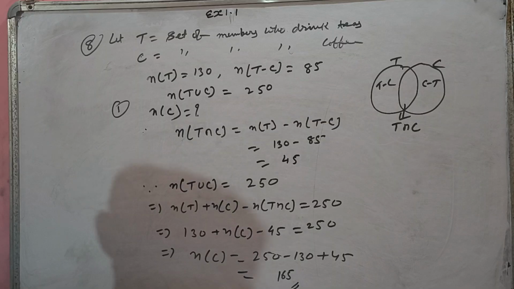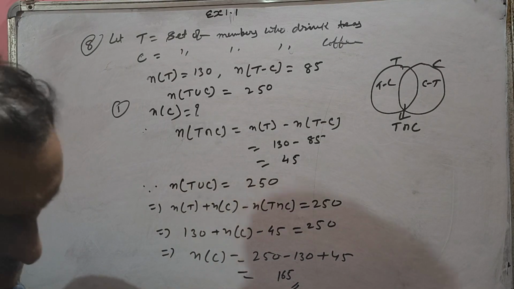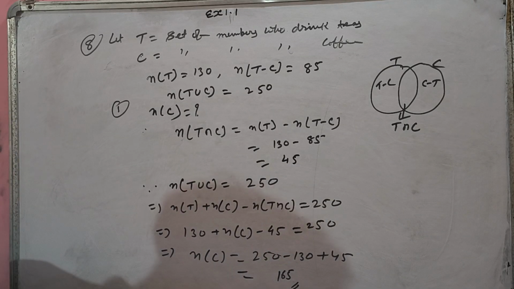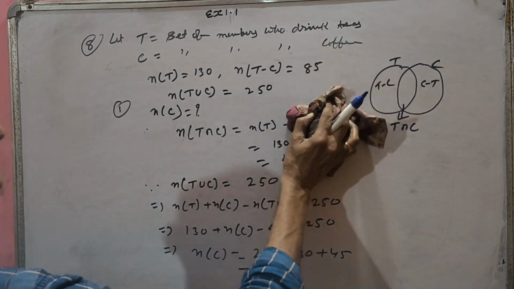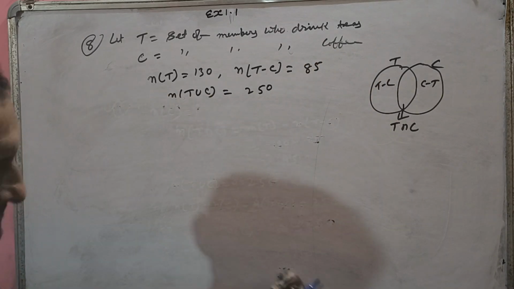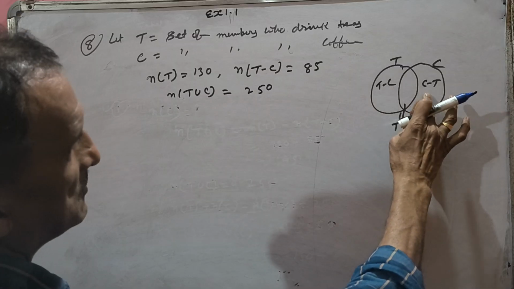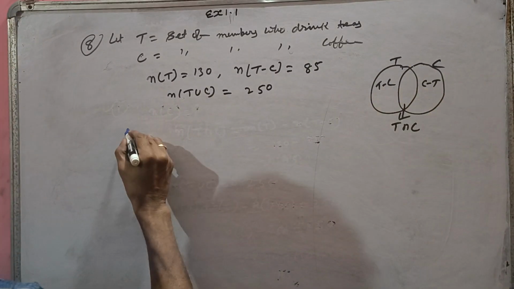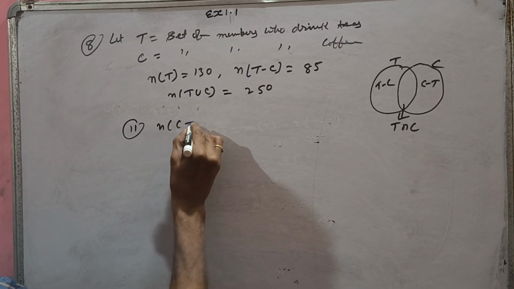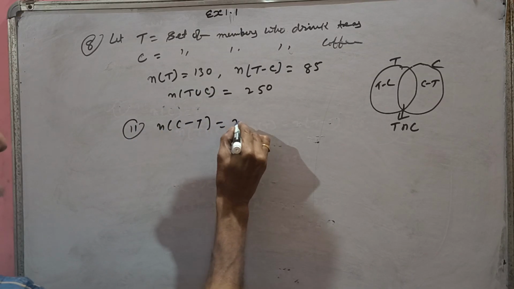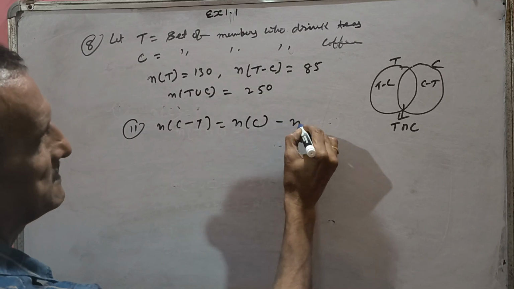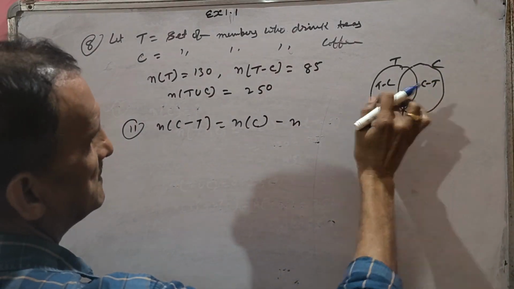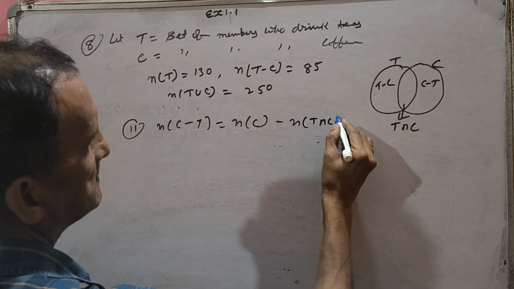Okay, in number 2, how many can drink coffee but not tea? Coffee but not tea. Clear, no? Coffee but not tea means what? This is coffee but not tea. So this portion, C minus T. So N(C minus T) equal to, how will you get? N(C) minus N(T intersection C).